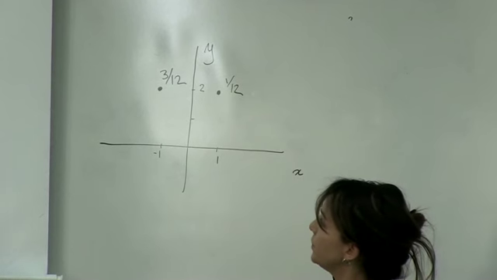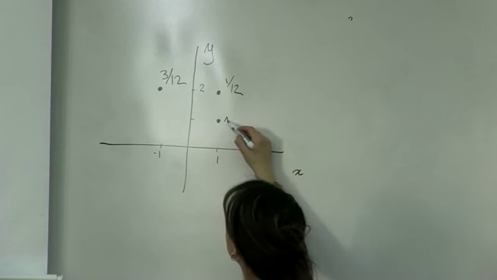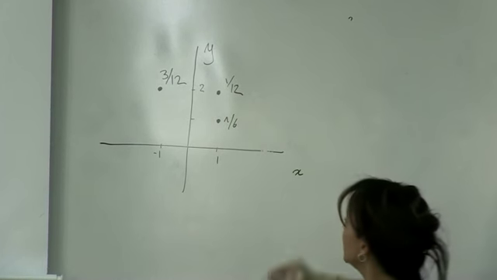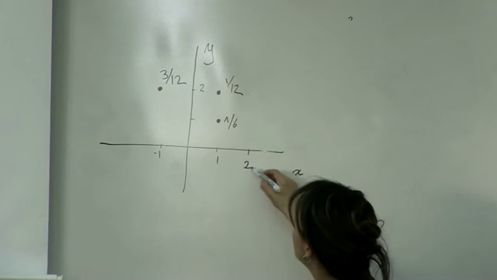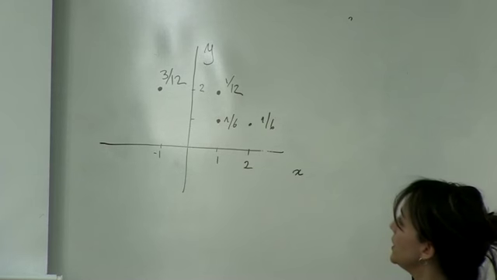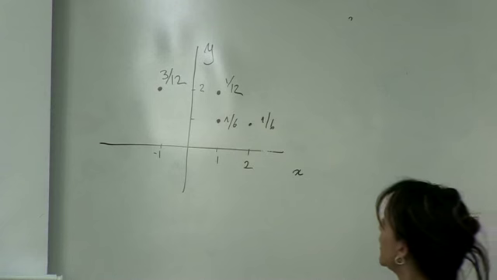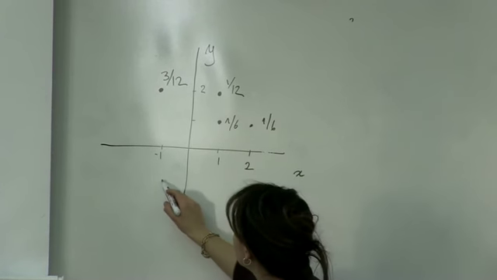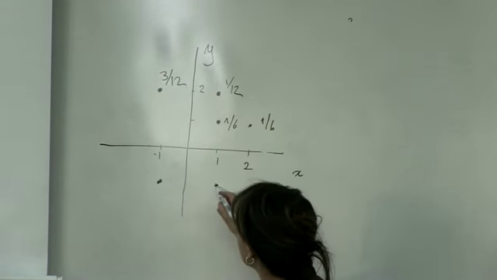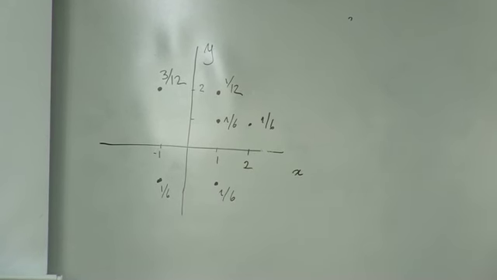At the point 1, 1, we have a mass of 1/6. Similarly, at the point 2, 1, 1/6. Finally, we have -1, -1, and 1, -1, both 1/6. This is the joint PMF.